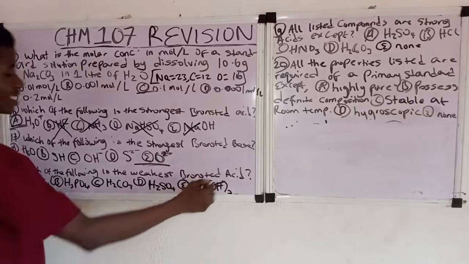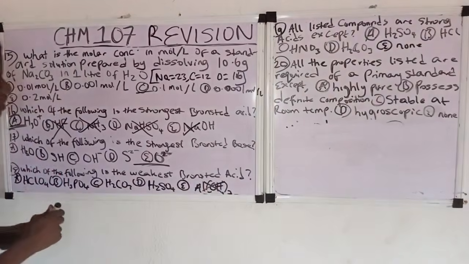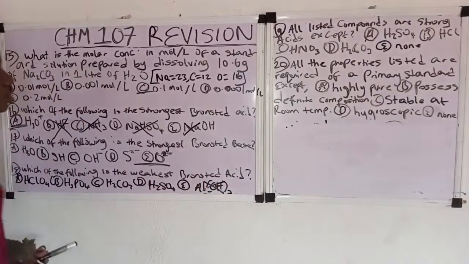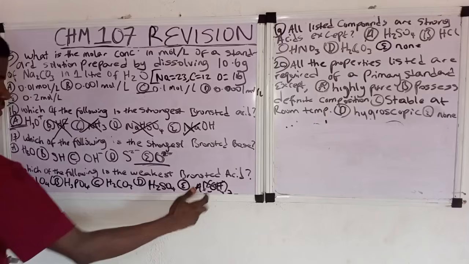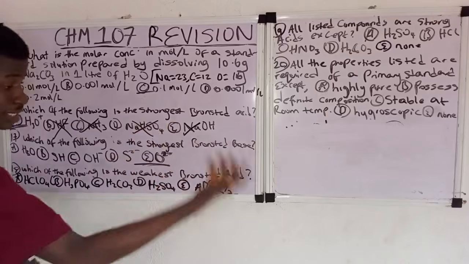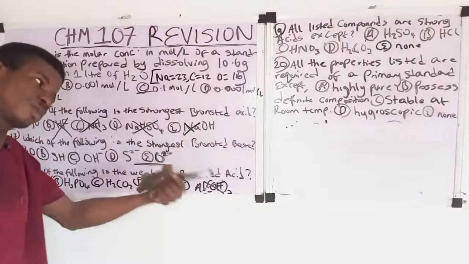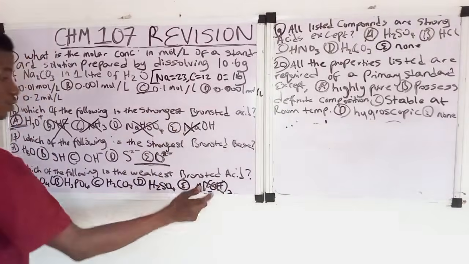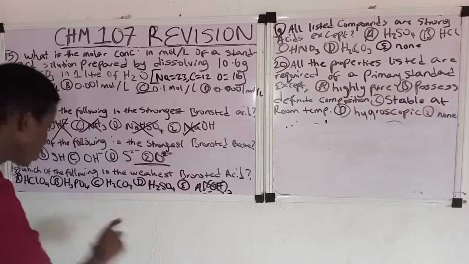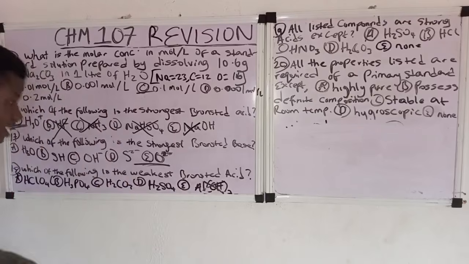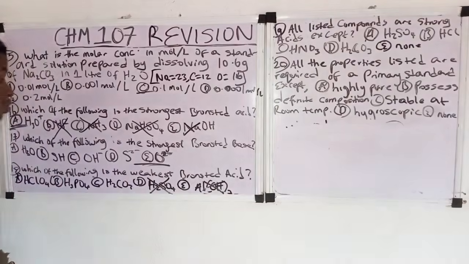Remember, this one is aluminum hydroxide, which is amphoteric but mainly a base, so it is out. Which of these is the weakest Bronsted acid? Remember, H2SO4 is a strong acid, right?